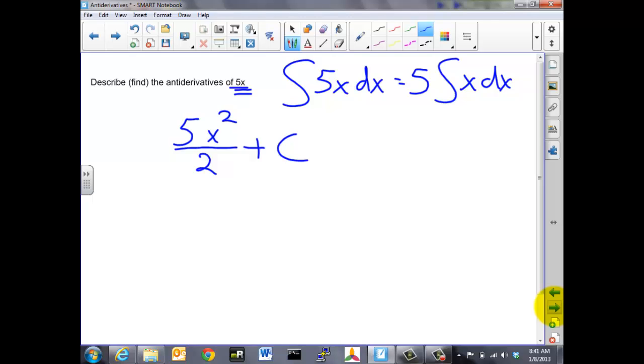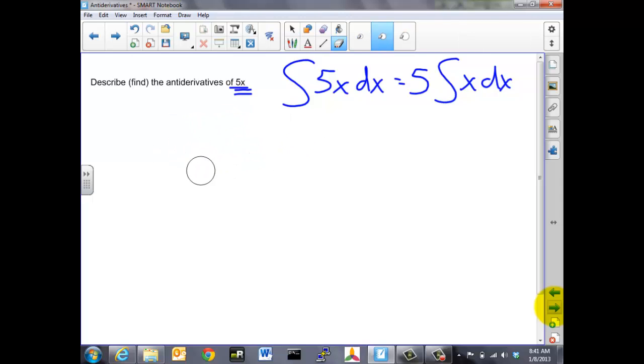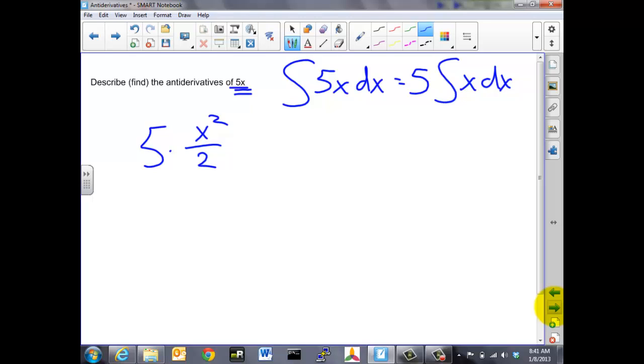We've done that one several times. X squared over 2. So this just means that we've got 5 times x squared over 2. Now, how could we write that differently? Well, that's the same as 5 over 1, so we could write it as 5x squared over 2 plus c. Okay? So that looks challenging, but now that we've walked through it, hopefully it's not quite as challenging for you there.